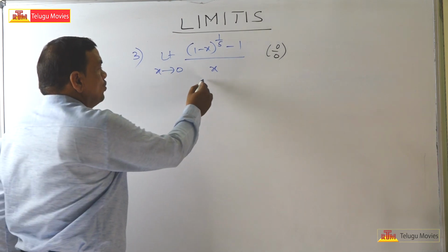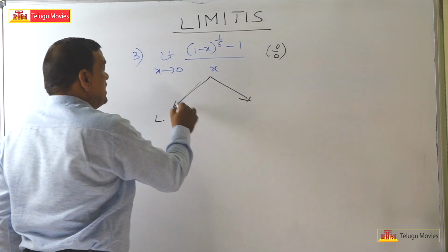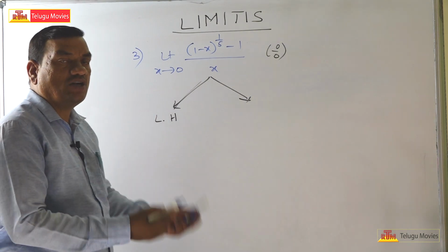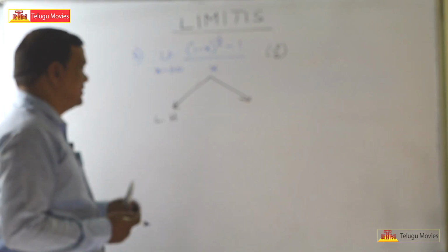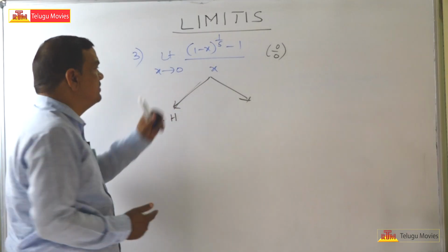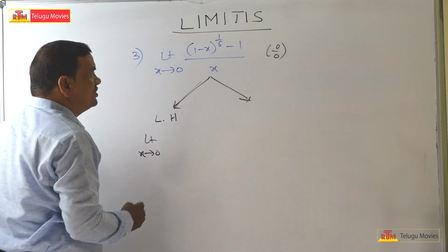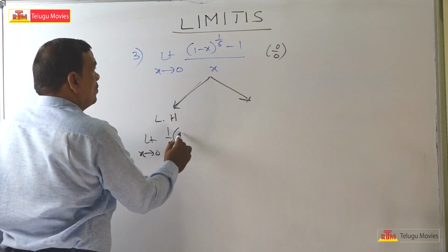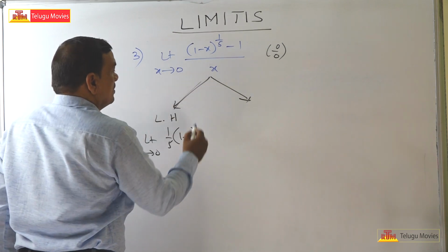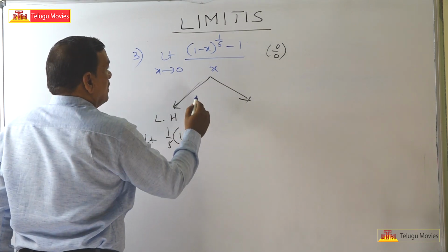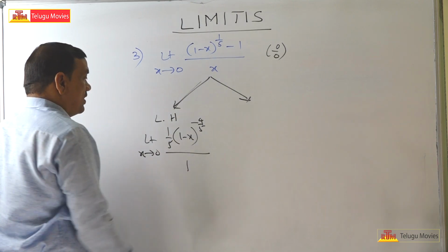L'Hospital rule is another method. What is another method except L'Hospital rule? How can you solve this problem? Yes, of course, L'Hospital rule is a very easy one. I can solve this. So, limit x tends to 0. Differentiation is 1 by 5, (1 minus x) whole to the power of 1 by 5 minus 1, that is minus 4 by 5, upon the x value, which is 1.